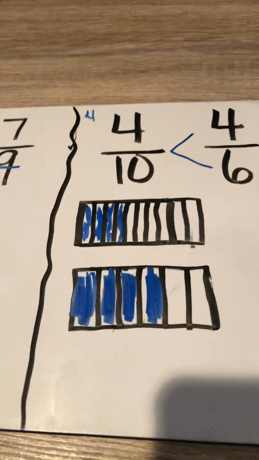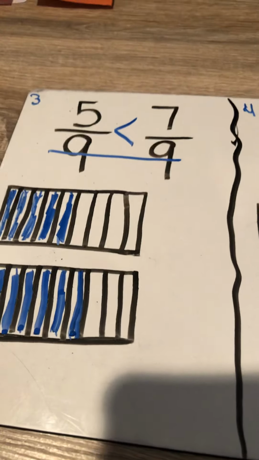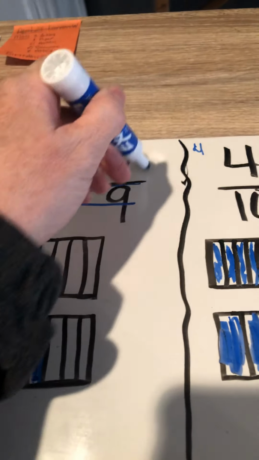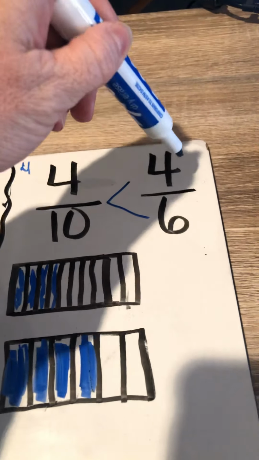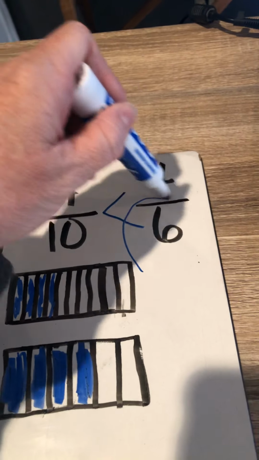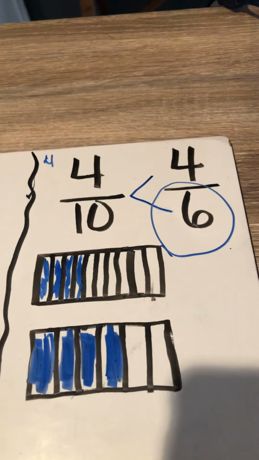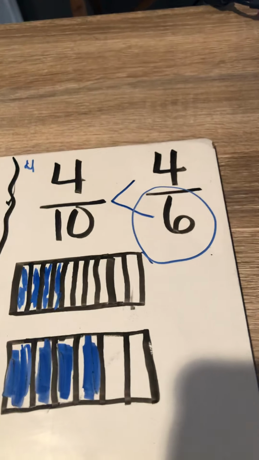So again, those hints are if you have the same denominator, you're just looking at the numerators and the larger number is your larger fraction. If you have the same numerators, you're looking for the smaller number because it has larger pieces. Okay, so that was one of our questions.